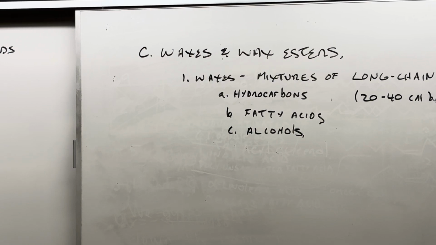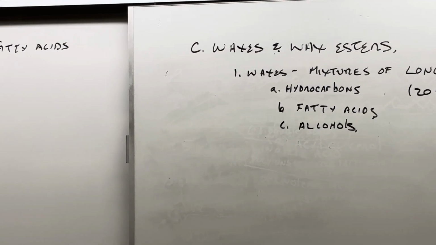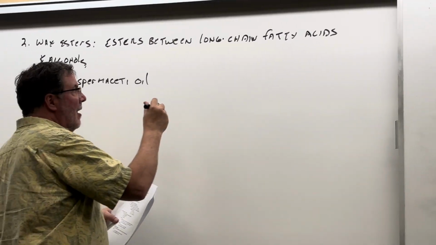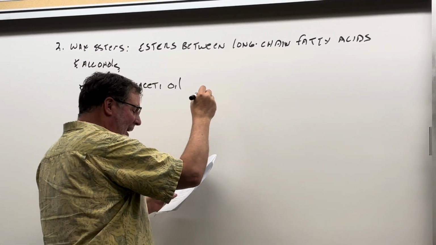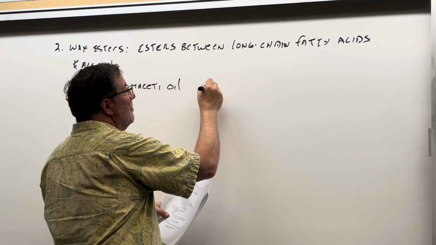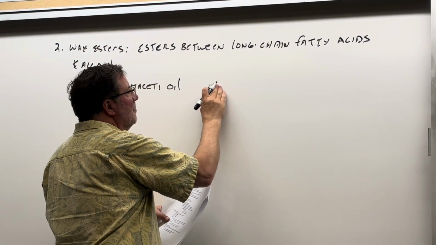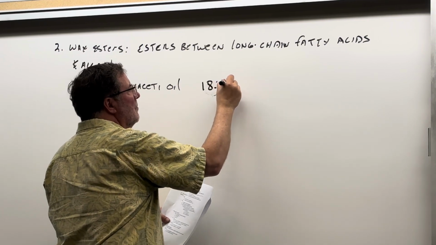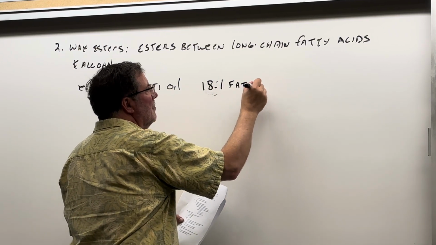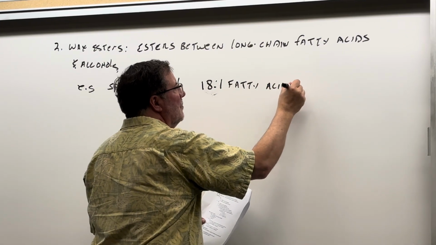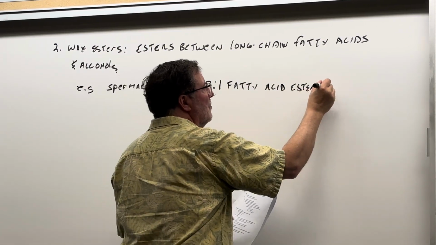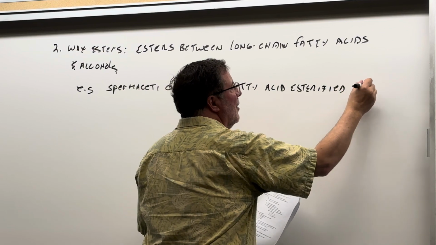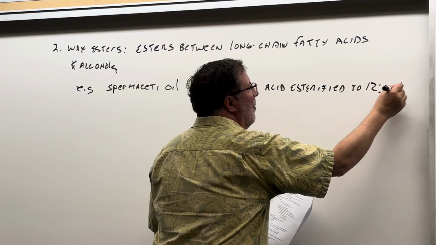So spermaceti oil, for example, has an 18:1 acid, so it's oleic acid, to a 12 carbon alcohol.